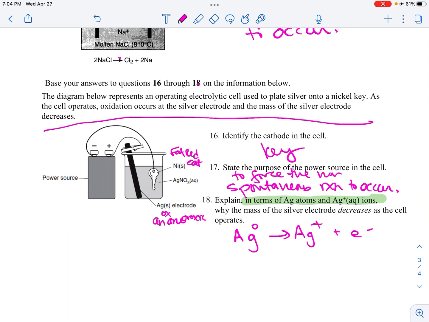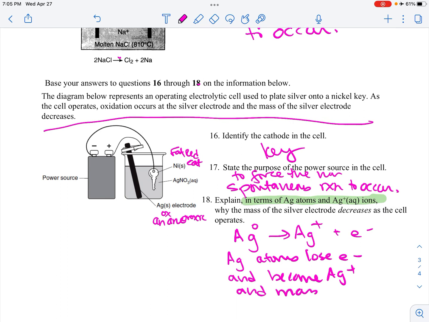This can guide you to your answer, but this is not the answer. So you can say silver atoms lose electrons and become silver ions, and the mass decreases.